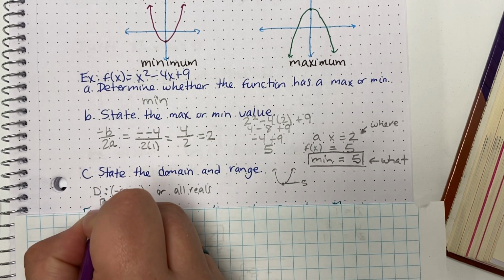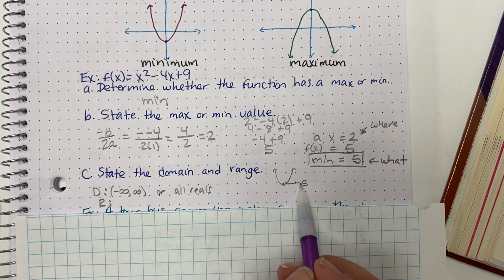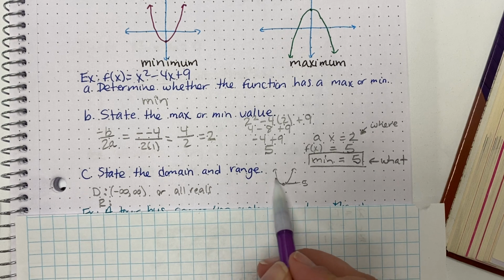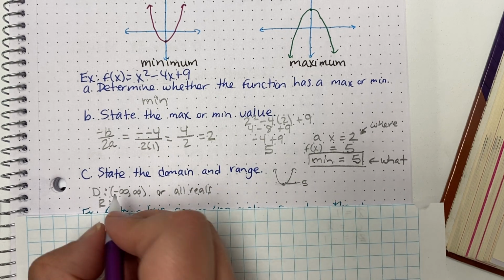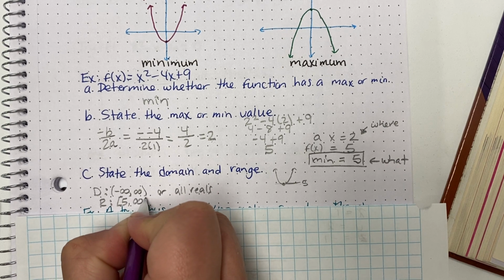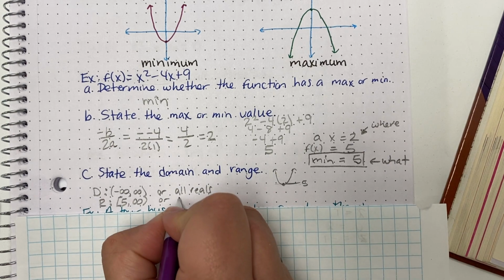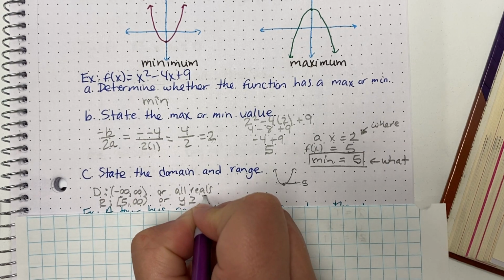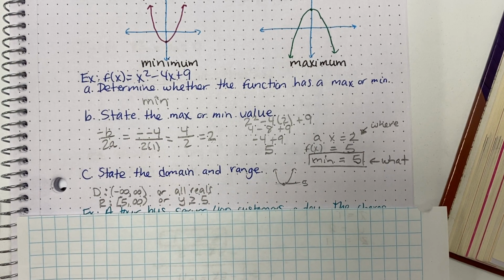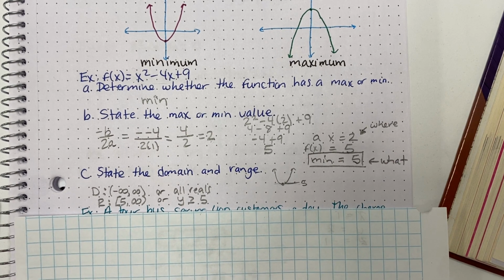My range, though, is going to be a little different because it starts at 5 here and everything is higher. So my range is going to go from 5 to infinity, or I could say all of my values are greater than or equal to 5. You can pick which way you like to write it there.